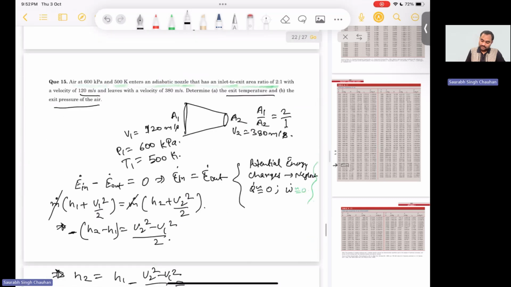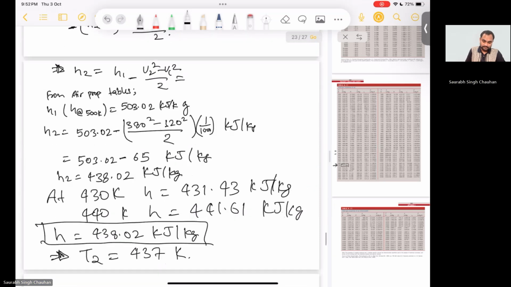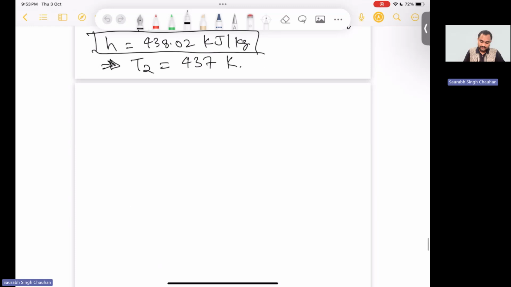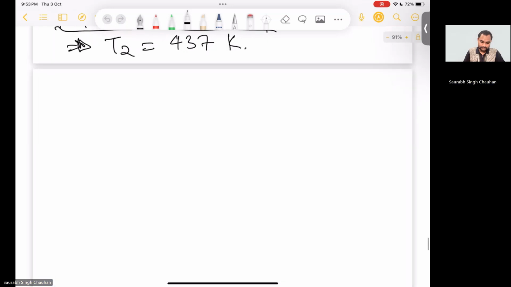Okay, so what we had to find? We had to find exit temperature, which we have got, and the exit pressure of the air. To find the exit pressure, we can use mass conservation and PV equal to nRT.